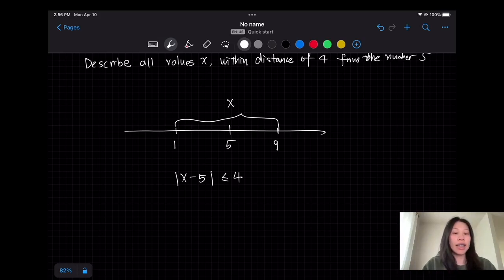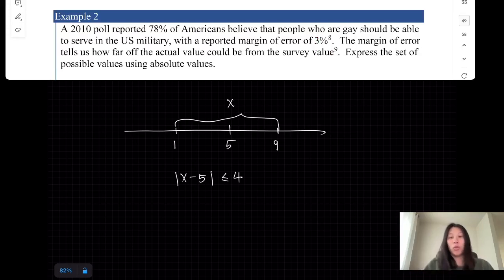Okay, another example can be this one. In 2010, a poll reported that 78% of Americans believe that people who are gay should be able to serve in the US military. With a reported margin of error of 3%, the margin of error tells us how far off the actual value could be from the survey value. Express the set of possible values using the absolute value.